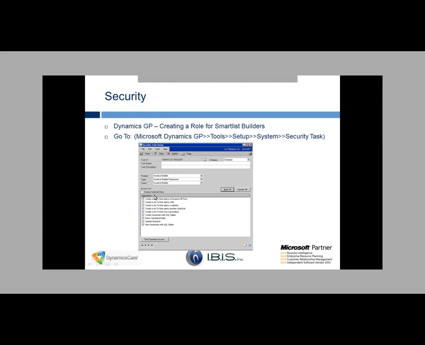Next slide. In security, creating a role for Smartlist builders, we want to go to Microsoft Dynamics GP, Tools, Setup, System, and Security Task. We're going to create a task, and then we're going to take the task and assign it to a role, then we'll assign the role to the user.